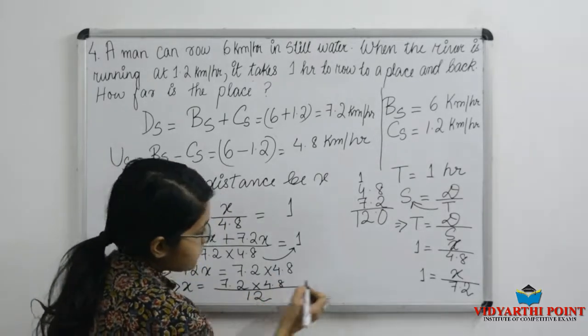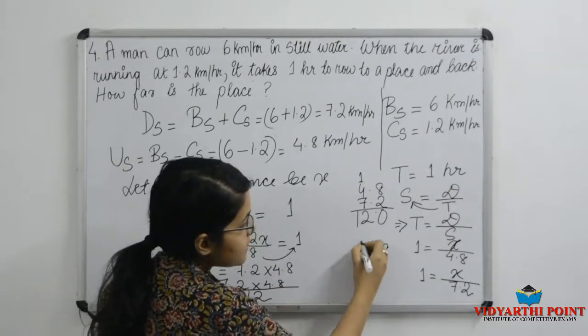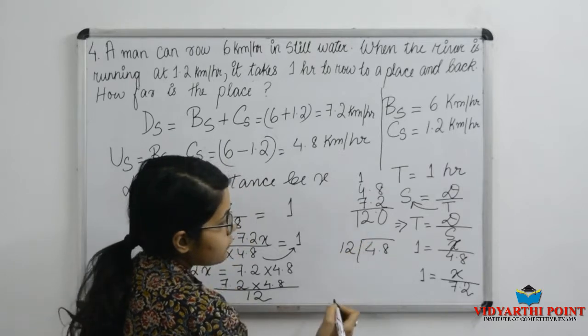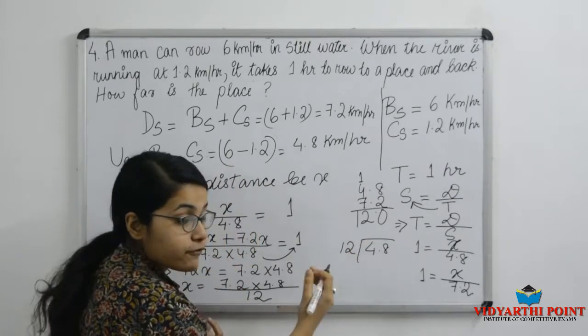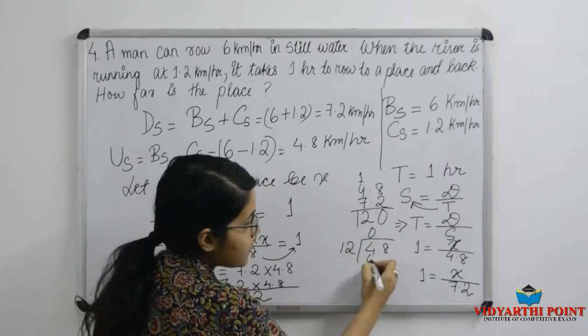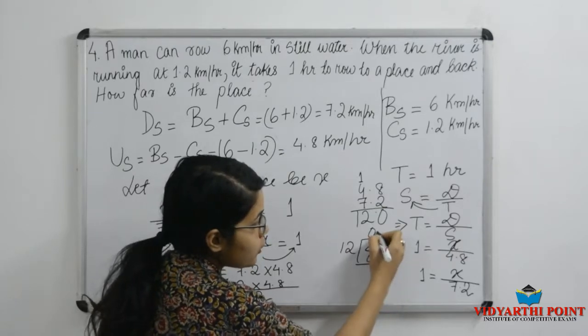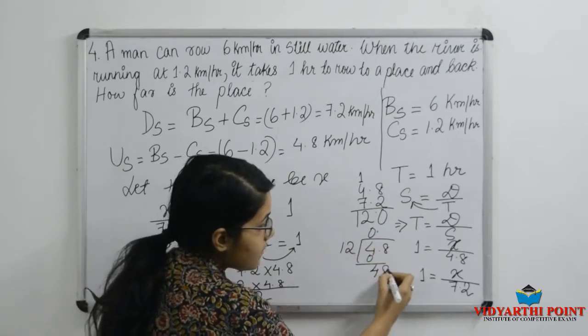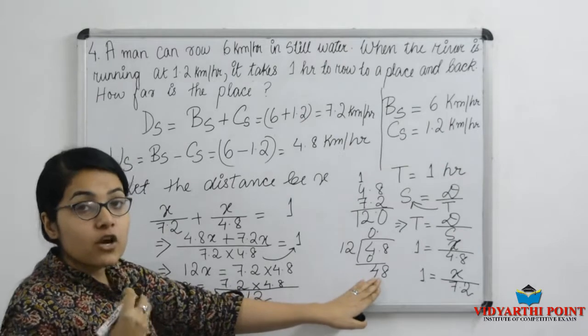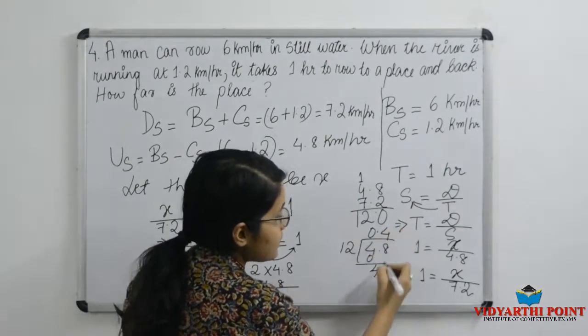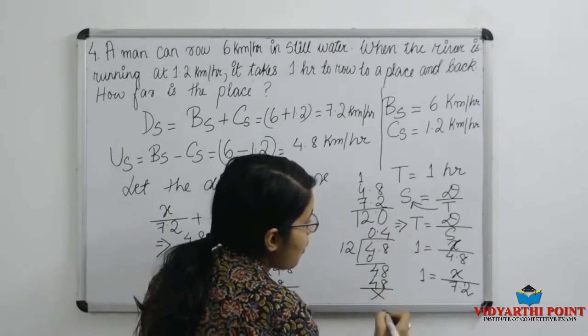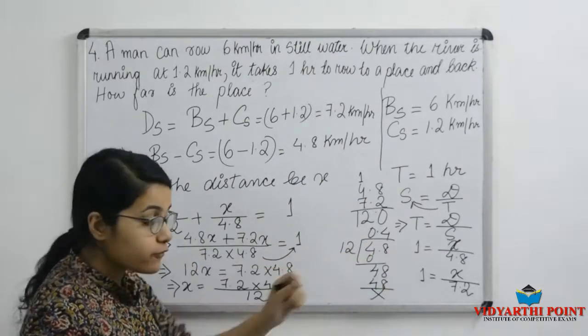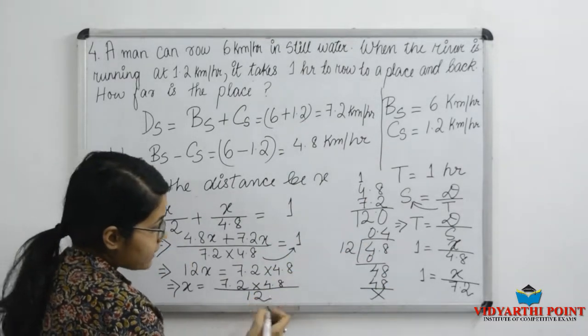Now, 4.8, if we divide by 12, we cannot divide 4 by 12, so 0 will come here, 4, then this point will go here and 8 will come down. We have 48, 12 4s is 48. So, 12 into 0.4 will give us 4.8.